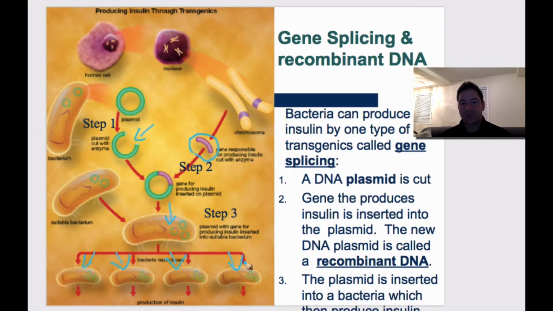So that's gene splicing. The plasmid is cut, the gene that produces insulin is placed into that plasmid, it's then placed back into a bacteria, and that bacteria begins to produce tons of insulin. It's an amazing process.